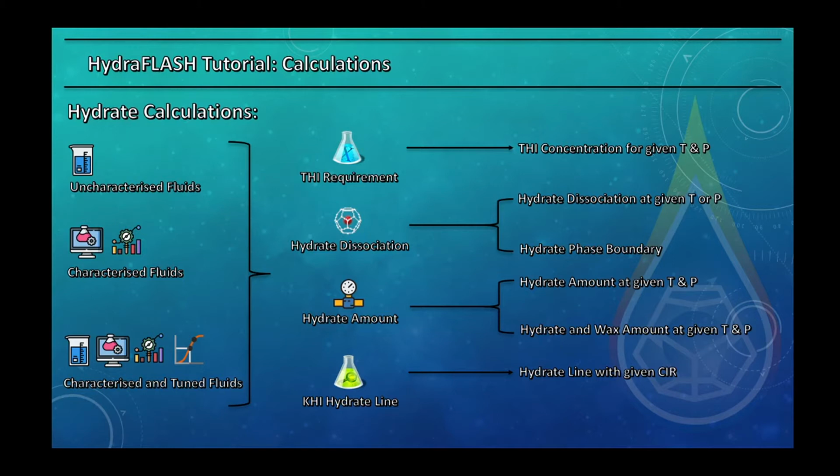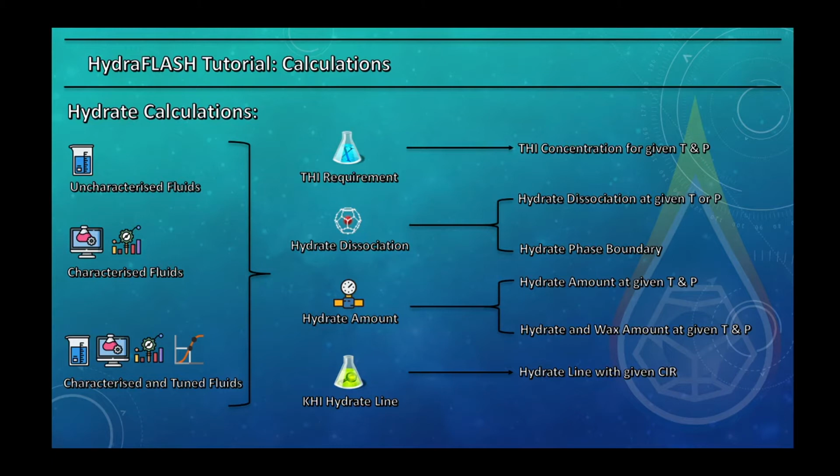So, for example, for that natural gas, if you're working at say 5 degrees, the dissociation pressure is 120 bar, for example. That means that at pressures lower than 120 bar, the hydrates are not stable. But at pressures higher than 120 bar, hydrates are stable.